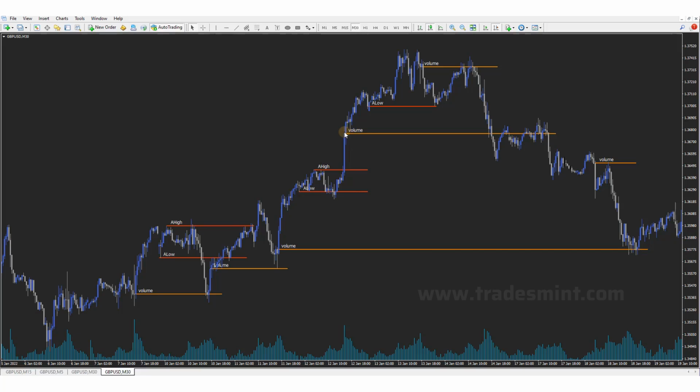So I would also draw the key level from the closure of this bullish candle. What we have here is also a very high volume bearish candle, and the move continued with the direction of the bearish candle. So I drew the key level from the closure of this candle.